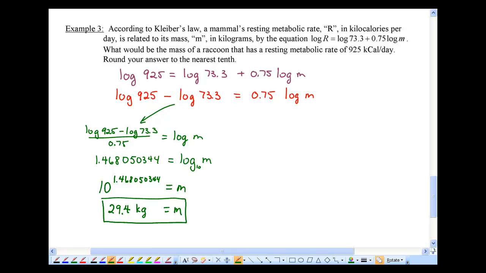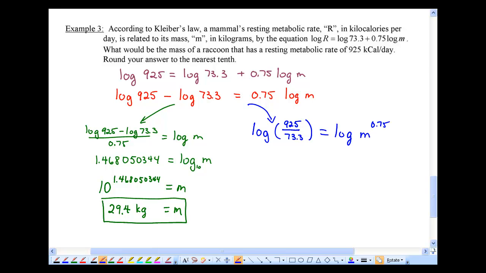Now, notice that's just one way of doing it. If you wanted to solve this another way, you could have also just simplified the left side into one logarithm. So that's log, and subtraction just becomes, oh yeah, division. And that 0.75, if you didn't want that, you could move it up into the exponent location.